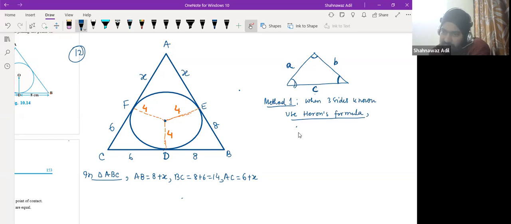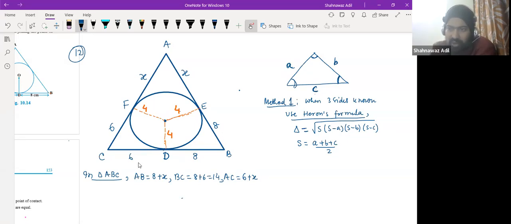So what does Heron's formula say? The area of the triangle would be root of S into S minus A, S minus B, S minus C, where A, B, and C are the three sides that we have. And what is this S? S is the semi-perimeter, A plus B plus C by 2. This is one method that we will use. Then we will use another method to calculate the area of the triangle, and then we will equate both methods. So the answer should be the same. That is what we have done, right?